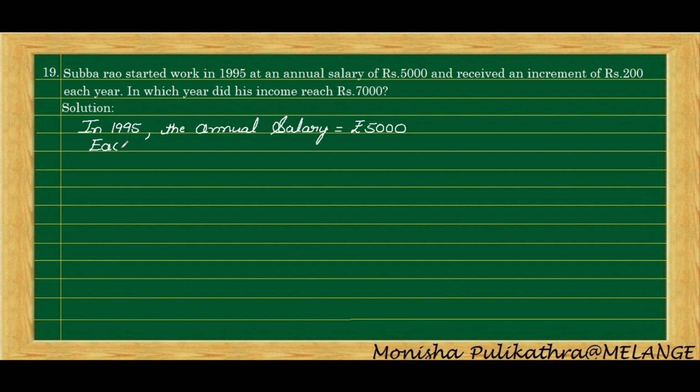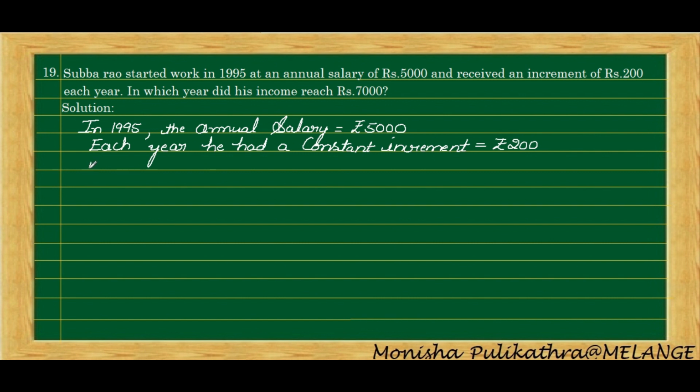Each year he had a constant increment of rupees 200. So you have to note the point that the increment never varied. Each year he had a constant increment of rupees 200.